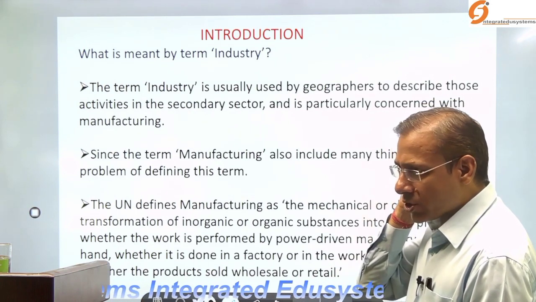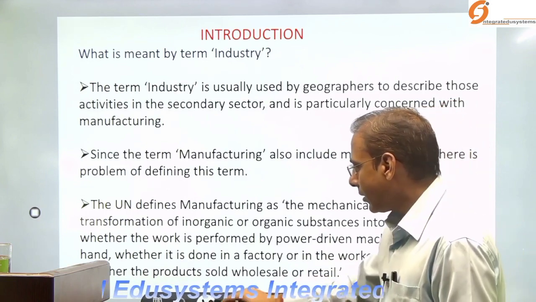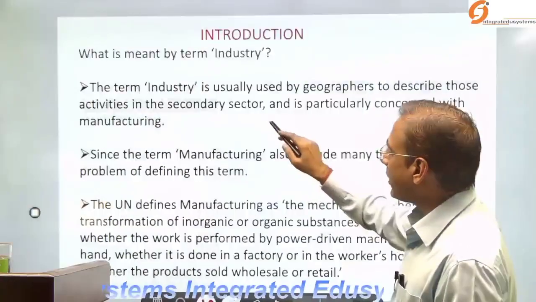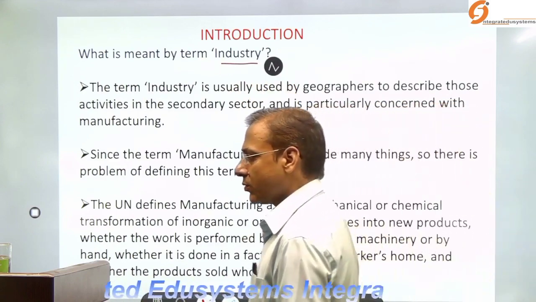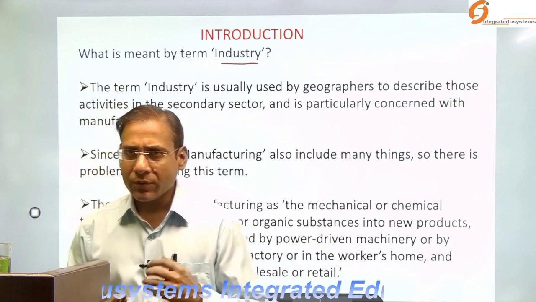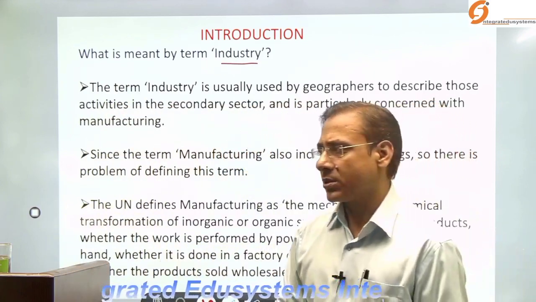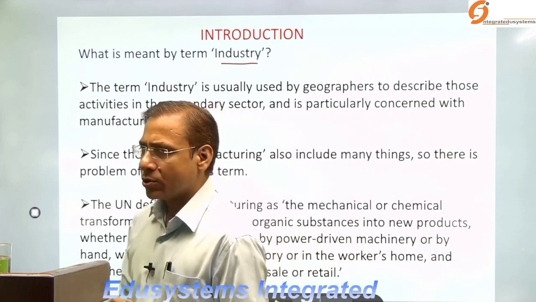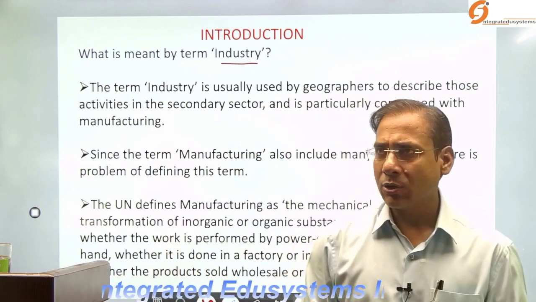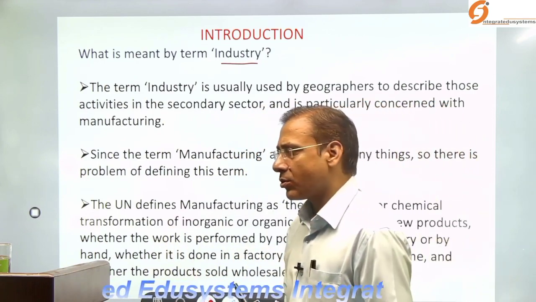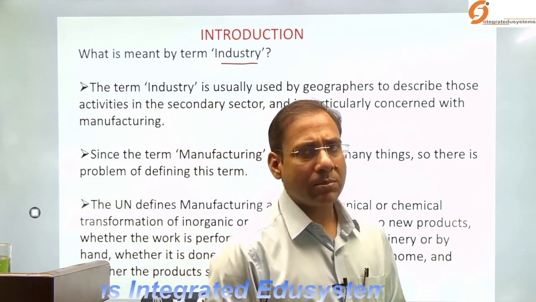Okay, so now let's start with the subject matter, industry. Here I came with a question: what is the meaning of the term industry? So basically this term is quite confusing when the geographers started learning it. Why is it quite confusing? Because sometimes people also use the words fishery industries, dairy industries, and when you look at the fishery and dairy industries, the raw material is basically not the mineral, not the earth material.